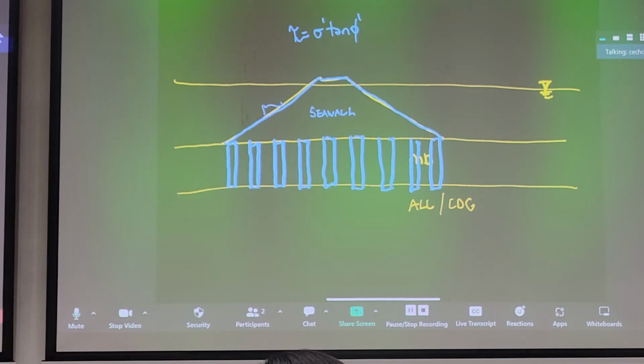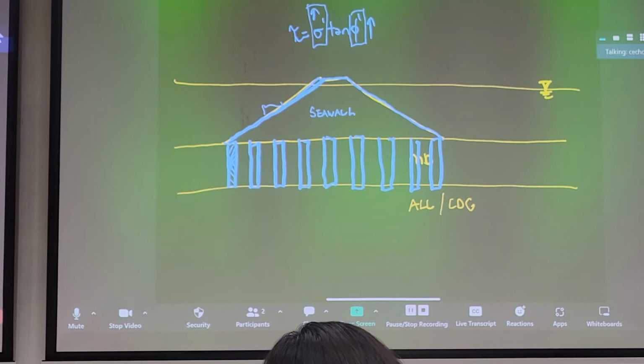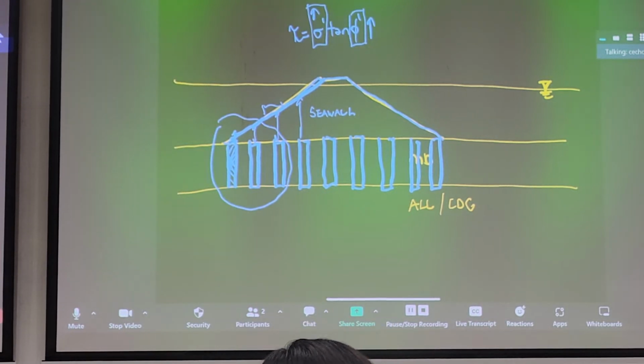What's interesting is if this is frictional material, to mobilize the maximum shear resistance, you should have some sort of overburden on top, right? But interestingly, for some seawall constructions, we have a tapered shape here, right? So there's actually not that much overburden for the couple of stone columns here. So there's not a lot of shear resistance.